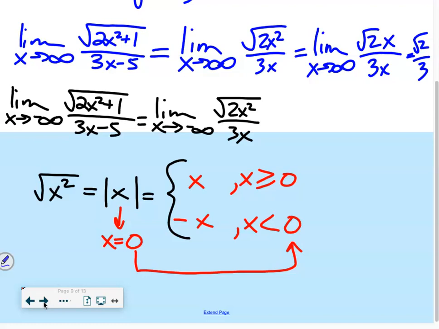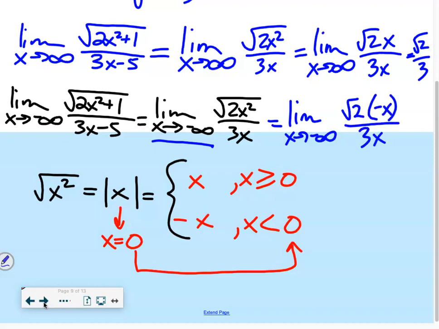Because of this, when x is approaching negative infinity, the x's are going to be really, really negative. So the square root of x squared is going to be equal to negative x. So you have to rewrite your limit as root 2 times negative x over 3x.